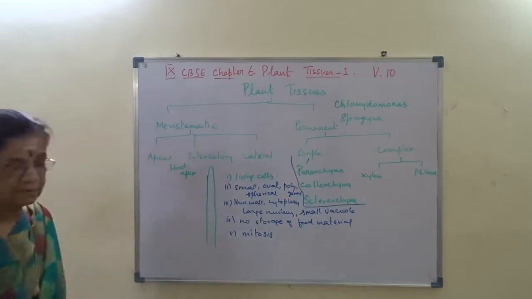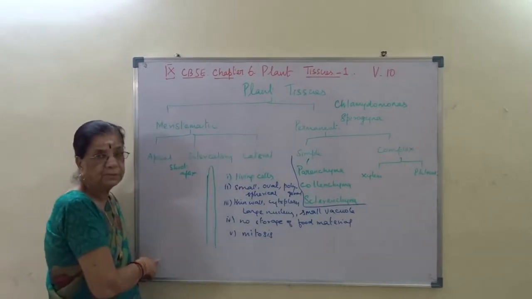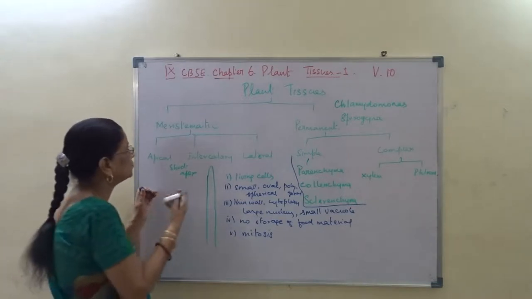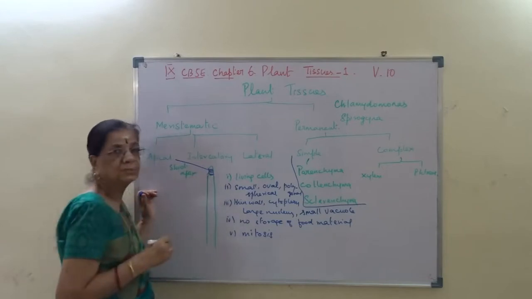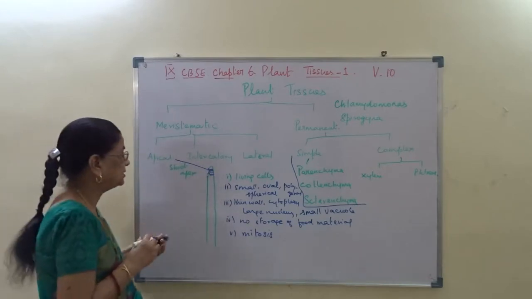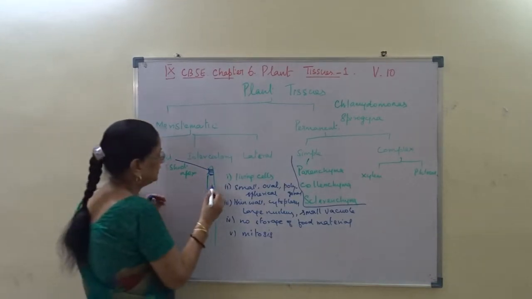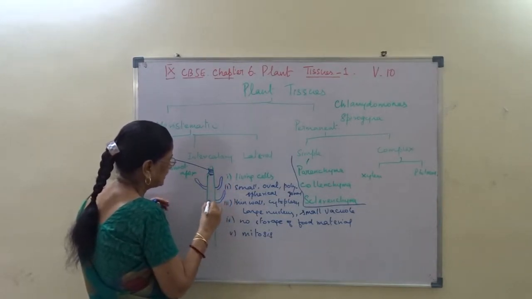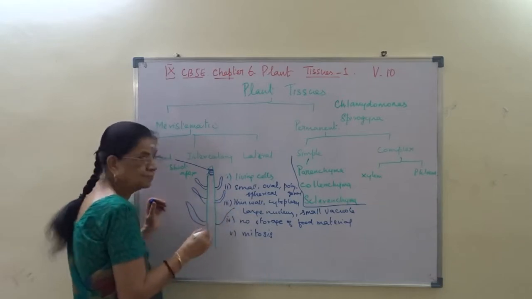Now, this meristematic tissue is present in the root tip and then the shoot tip. In the shoot tip region, the apical meristem is present. And then this will be the nodes and this will be the leaf arising region.